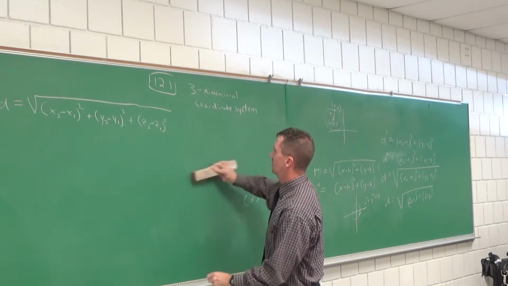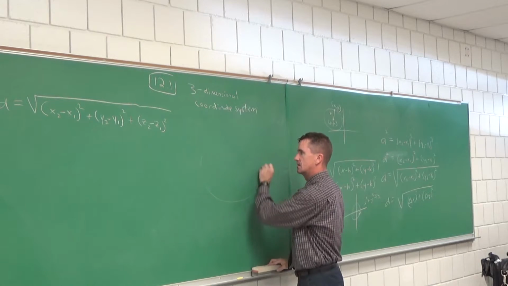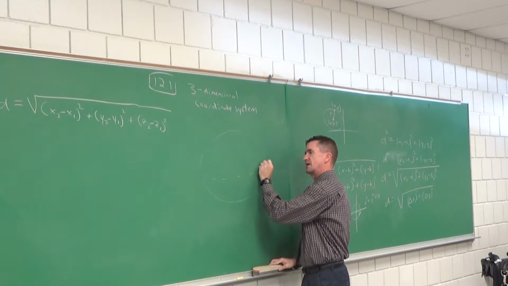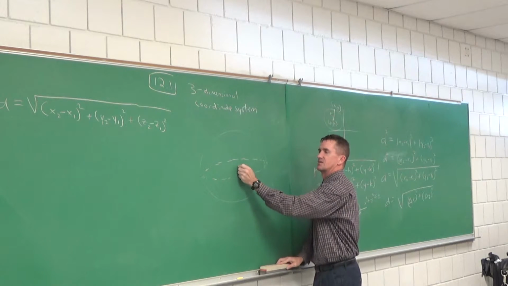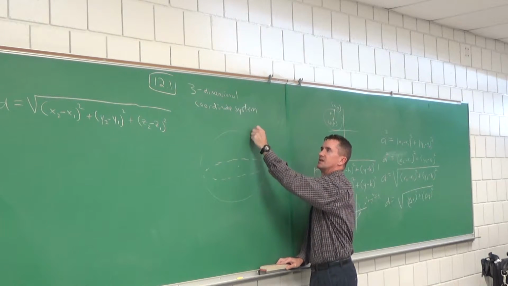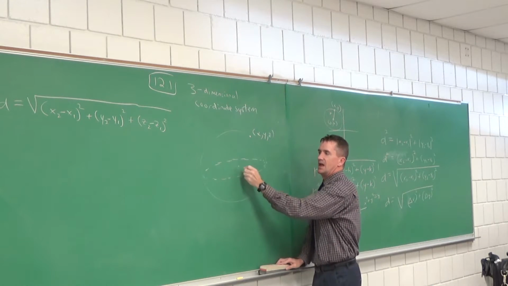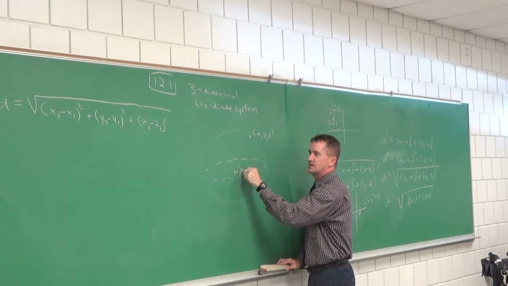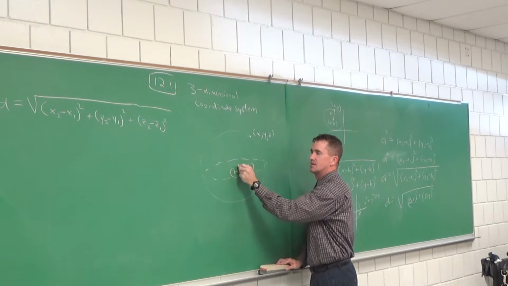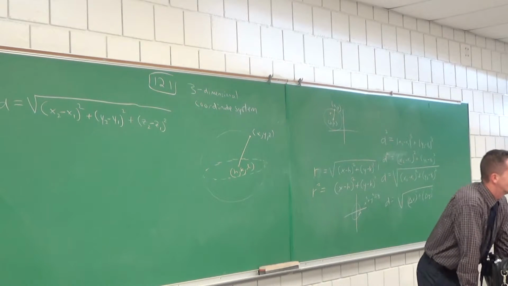Let's just put it somewhere in space. Make it look like a sphere, everyone. So it's three-dimensional. There's the center of the sphere. Here's a point x, y, z on the edge of the sphere, and there's the center h, k, l. And there's the radius of the sphere.